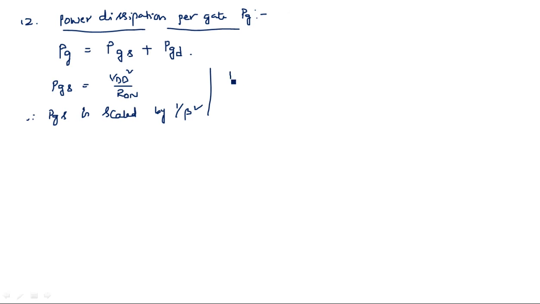Similarly, Pgd is expressed as Eg into F naught. What is the scaling factor of Pgd now? Eg scaling factor is 1 by alpha square beta, and F naught is scaled by alpha square beta. So alpha square cancels, and again it becomes 1 by beta square.